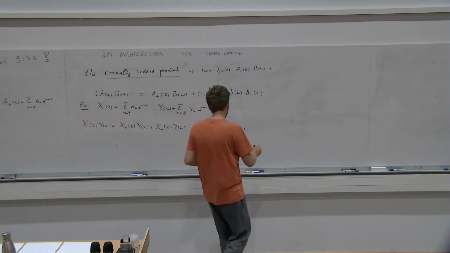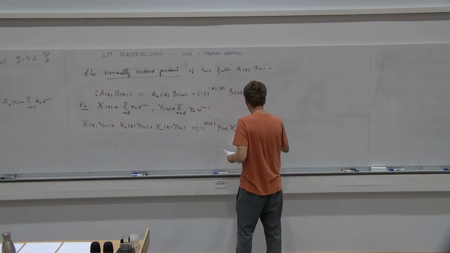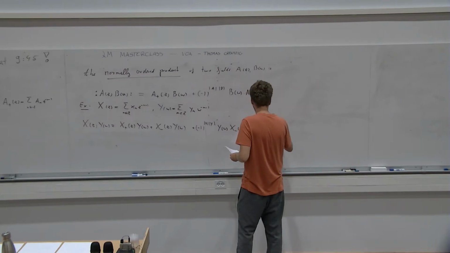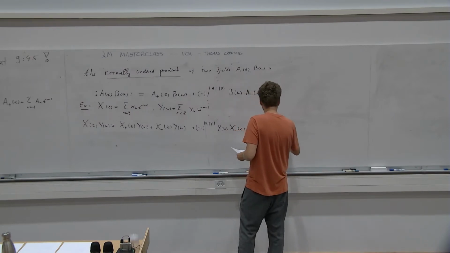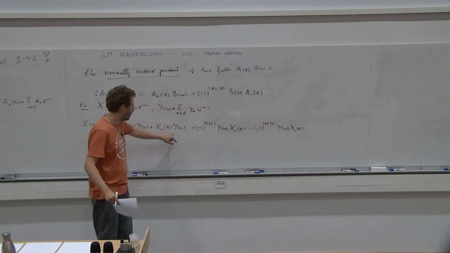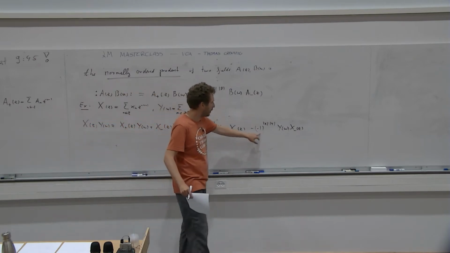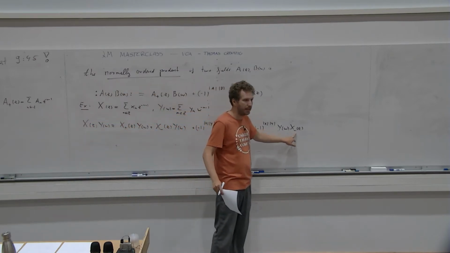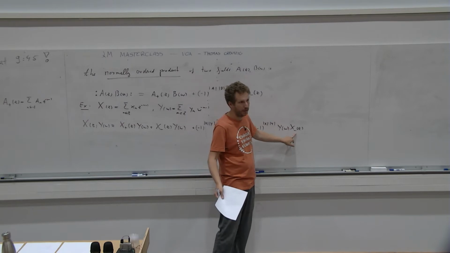And now, subtracting it again, what do I see? Well, here I have x minus times y minus (-1) to the parity of y times y times x minus. So here I exactly have the commutator of the two.